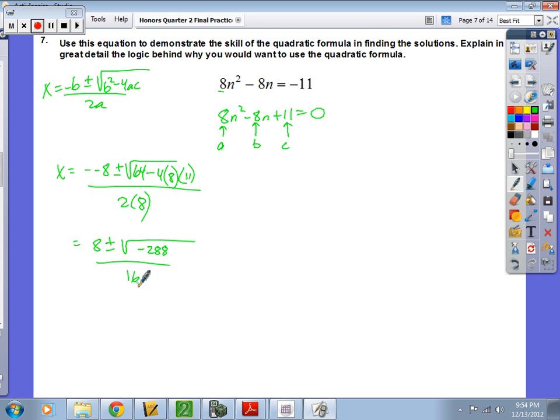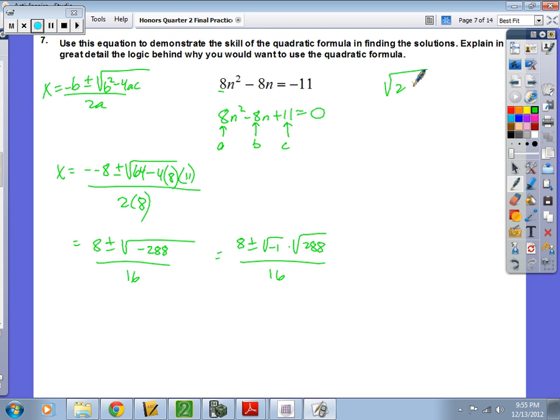And I know a red flag jumps out at me. I'm going to be in the imaginaries because the square root of a negative is going to be an imaginary. So here we go. I'm going to start to go sideways. I'm going to go 8 plus or minus square root of a negative 1 times square root of 288 all divided by 16. Okay, the 288 kind of stresses me out.